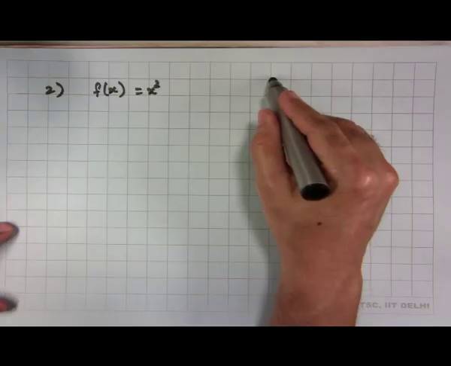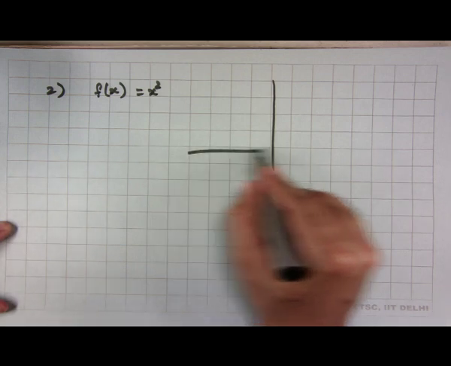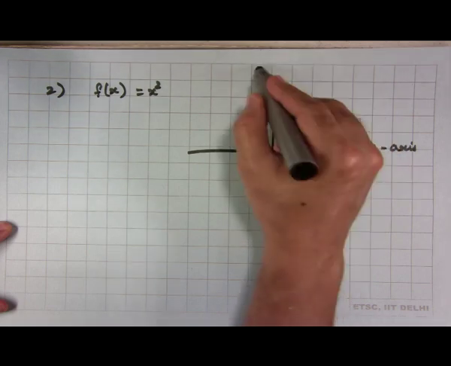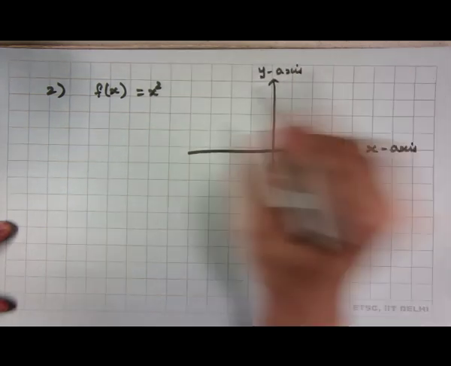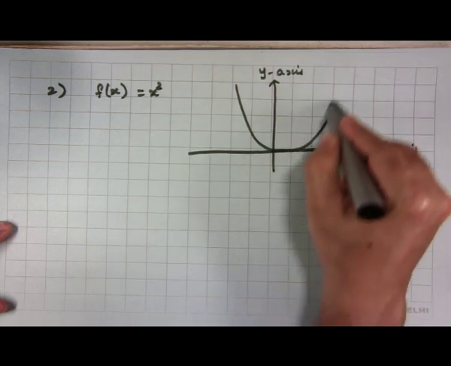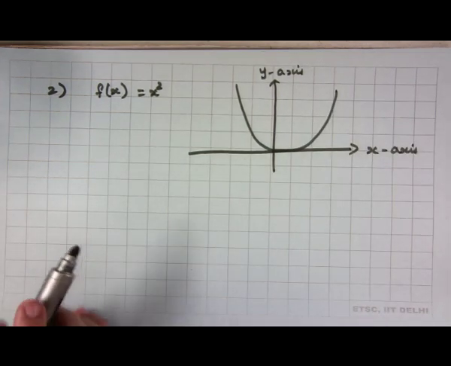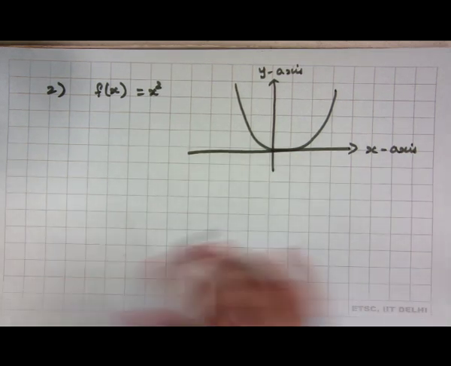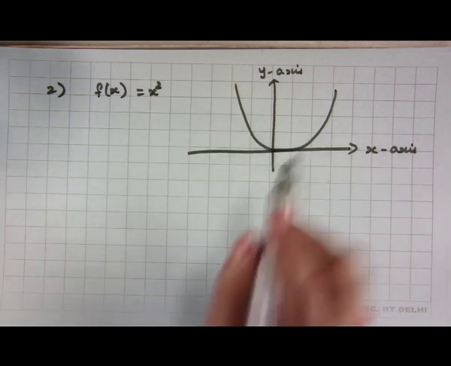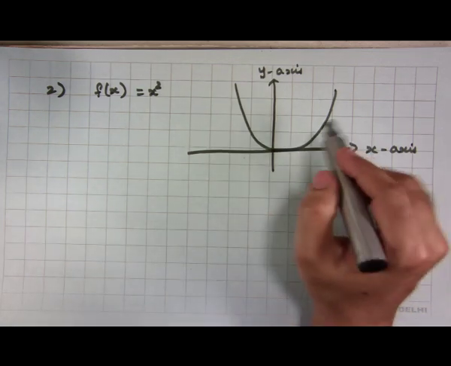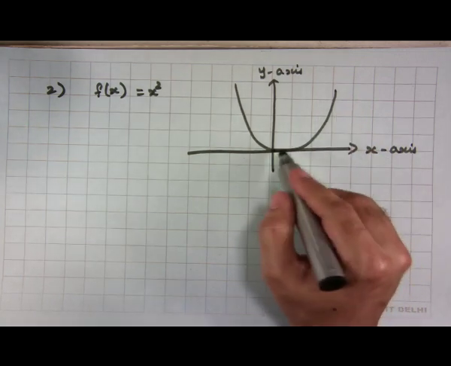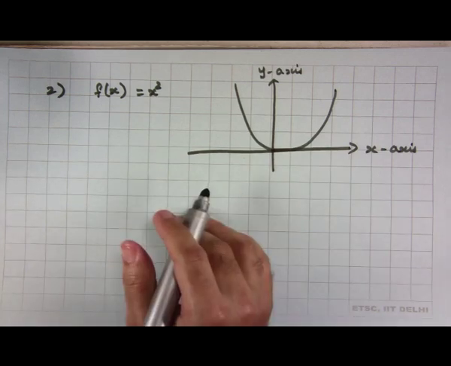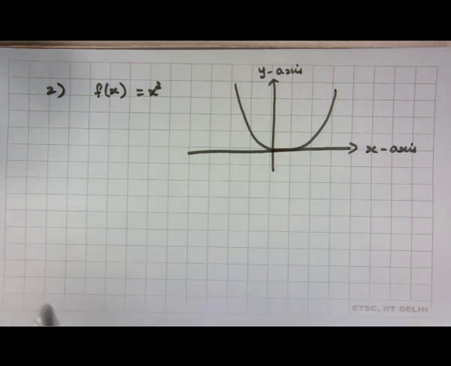Now, the graph of this function, in this case you have this as the x axis, this as the y axis, and therefore the graph of this is going to be this one. It is going to be U shaped and attain 0 exactly at the origin. Although the diagram that I have given here is not perfect, it actually touches the x axis only at 0, 0, and at the remaining places does not touch the x axis.